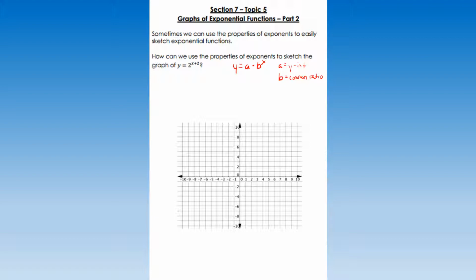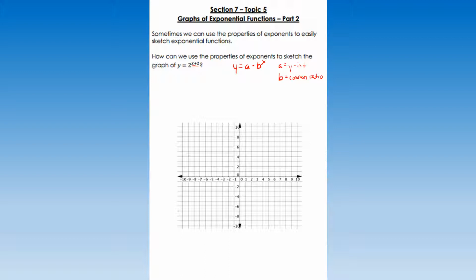Right now, y equals 2 to the x plus 2 power is close to y equals a times b to the x, but we've got too much going on here with x plus 2. It needs to be just x.